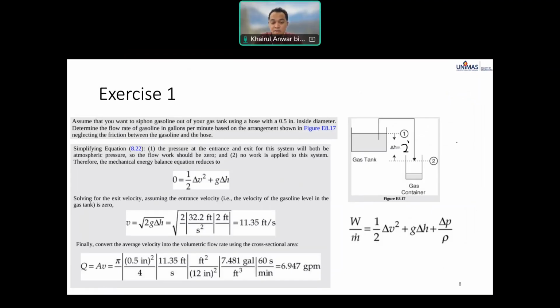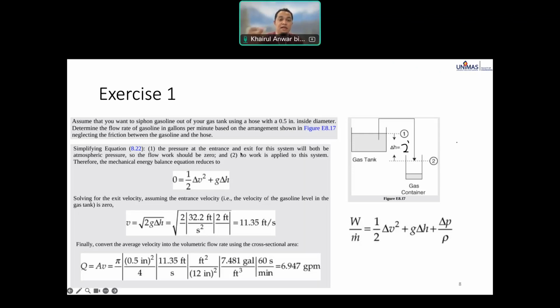Determine the flow rate of gasoline in gallons per minute based on the arrangement shown in figure 8.17, neglecting the friction between the gasoline and the hose. So simplifying equation 8.22, we have this equation.